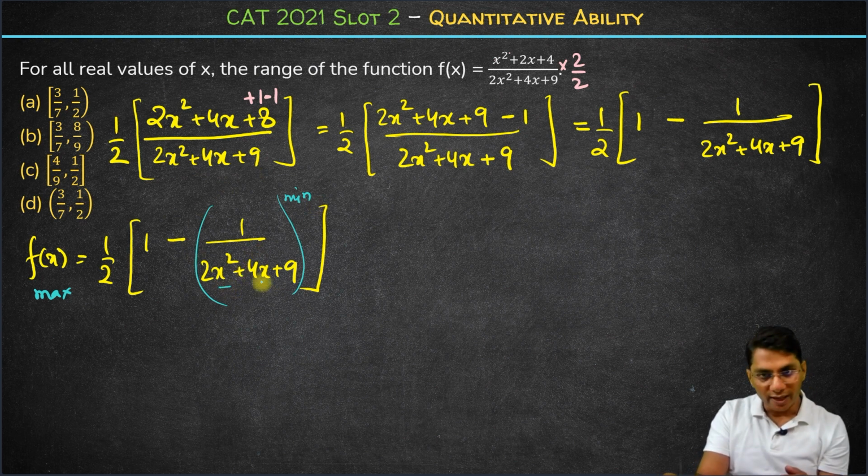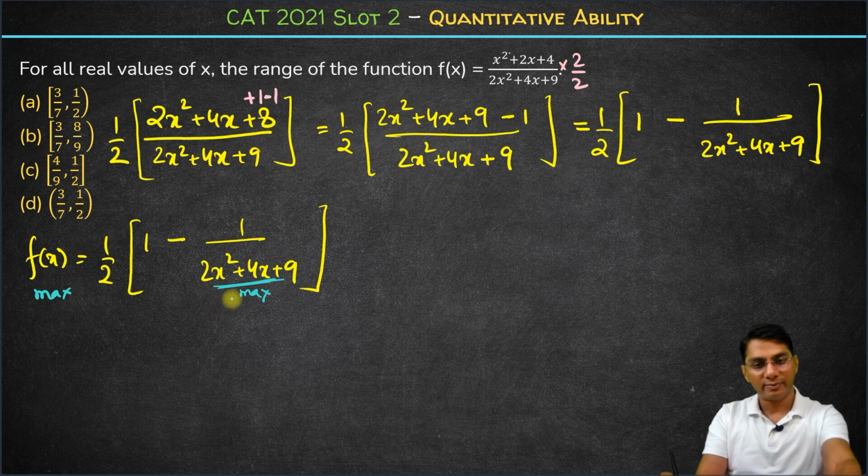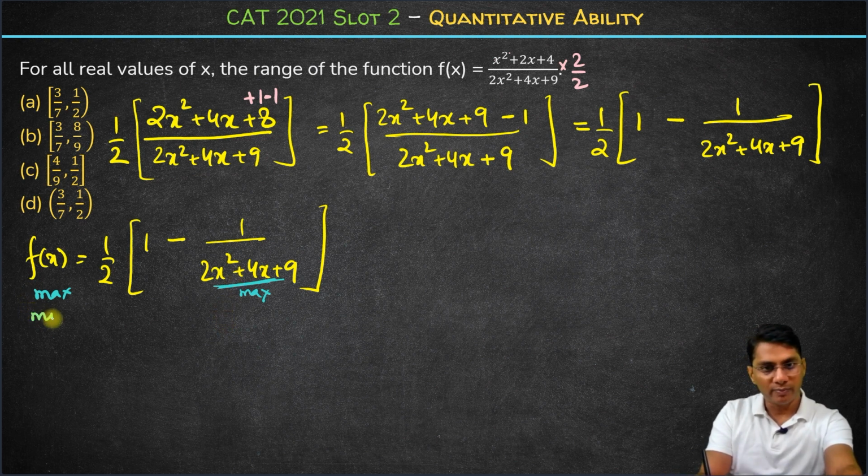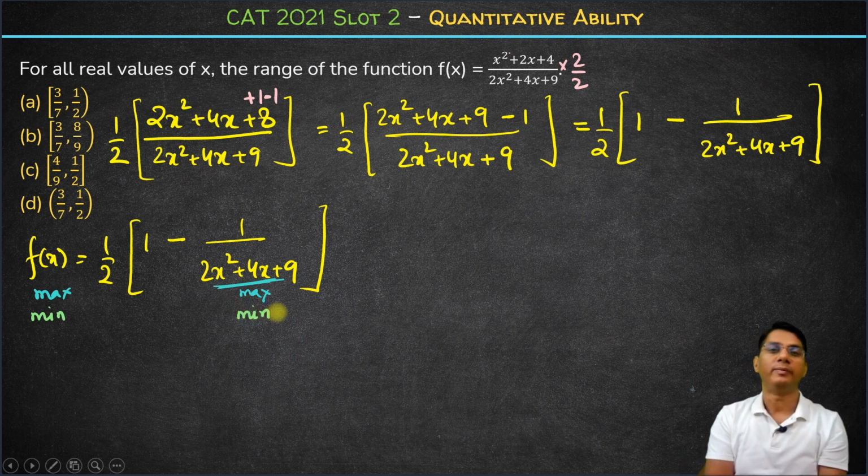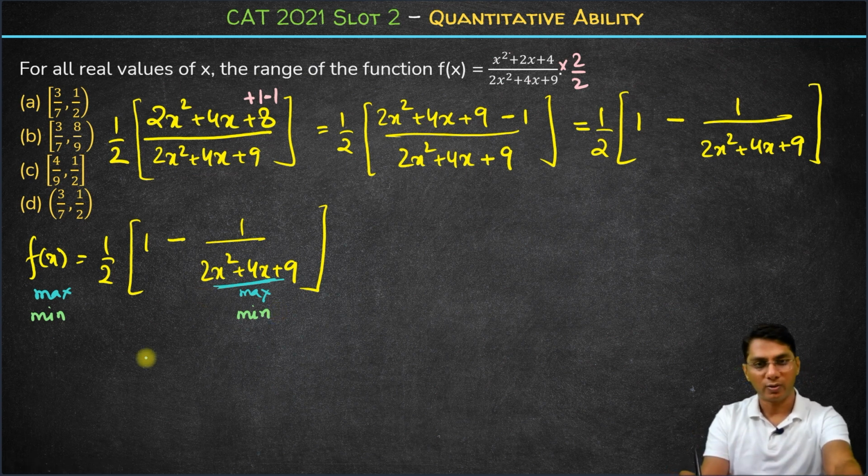So when the value of this quadratic is maximum, this expression will be minimum and this whole expression will be maximum. So for f of x to be maximum, the value of this quadratic should be maximum. Similarly, for f of x to be minimum, the value of this quadratic should be minimum, right? So basically what we need to focus on now is the maximum and the minimum value of the quadratic.